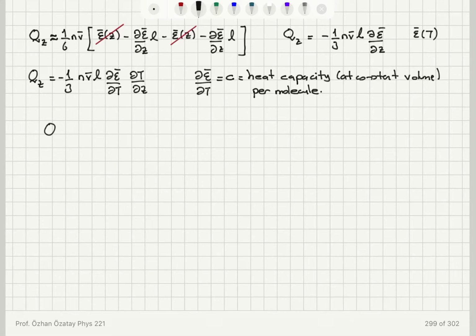Therefore, we find that the heat flux is minus 1 over 3 n v bar C L del T del z. So this quantity in parentheses is our thermal conductivity kappa, which is 1 over 3 n v bar C L.